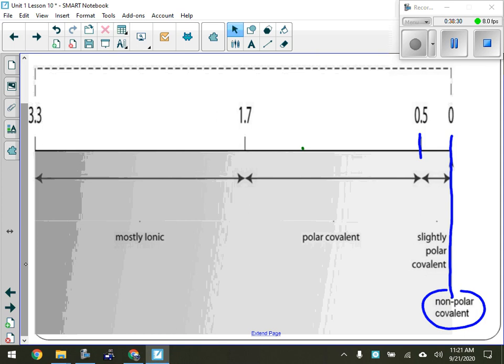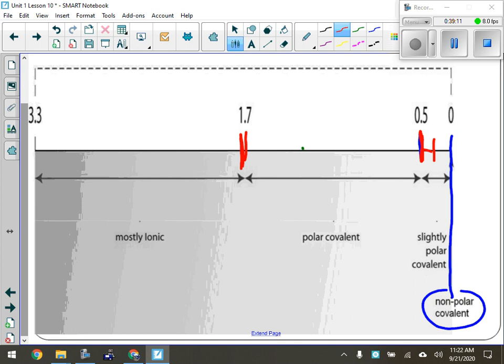So they're probably still sharing almost equally. There might be a very, very slight negative end and a very, very slight positive end, but we're going to go with slightly polar covalent. You don't have to memorize that. Polar covalent goes from 1.7 down to 0.5, and you could even venture a little bit over this way. It's still going to be polar covalent, maybe slightly, but that slight thing doesn't really matter a whole lot.